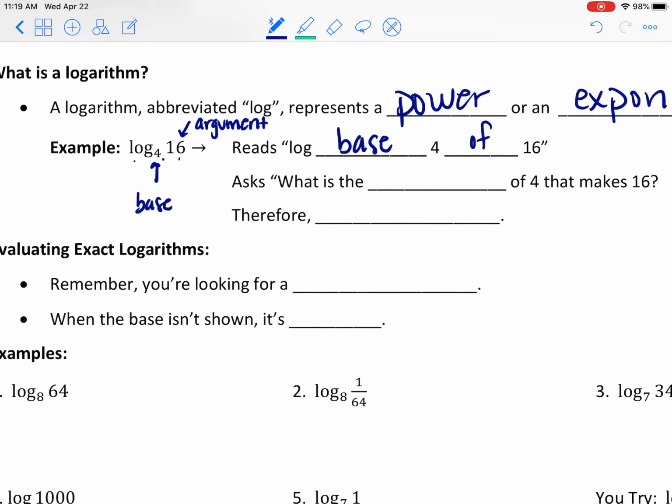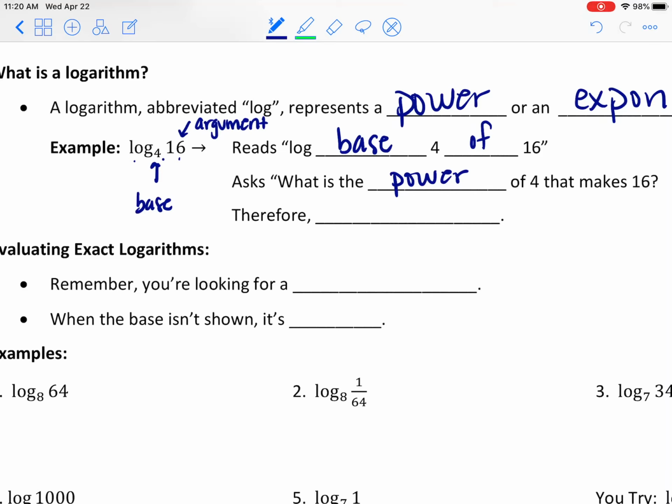So the 4 is the base. We're going to read that as log base 4. And then the 16 we call the argument. We say log base 4 of 16. Now, what does it mean? Remember, a log is just a power. So it's essentially asking you what is the power of that base 4 that makes that argument of 16.